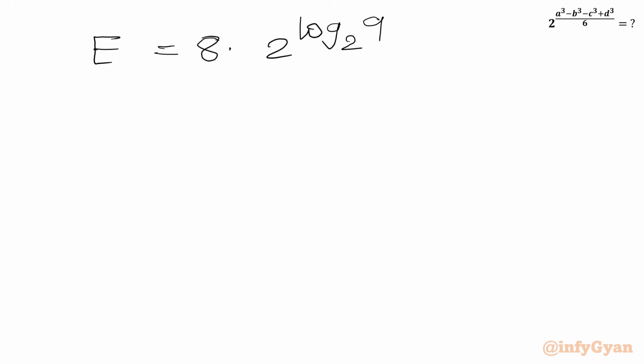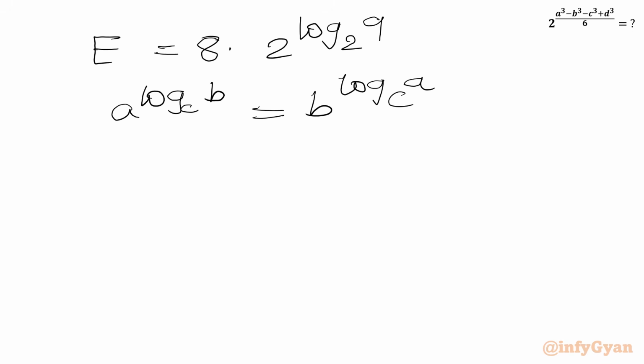Now we know that a power log b with base c can be written as b power log a with base c. We can swap these two numbers. So I will swap 2 and 9.